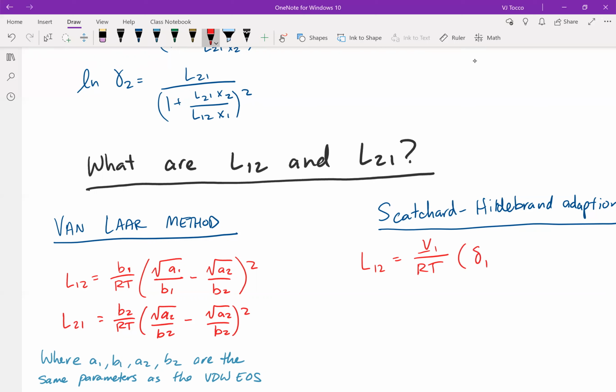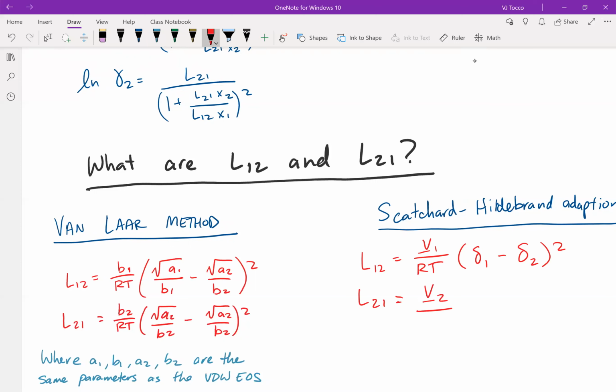So as soon as you see a delta, you know that there's going to be some other modeling going on. So delta 1 and delta 2 are going to be functions of something else. And L21 is equal to the molar volume of component 2 divided by RT times (delta 1 minus delta 2) squared.